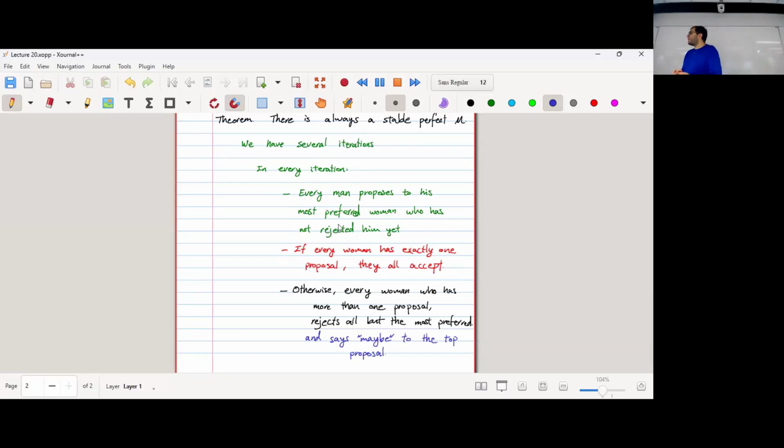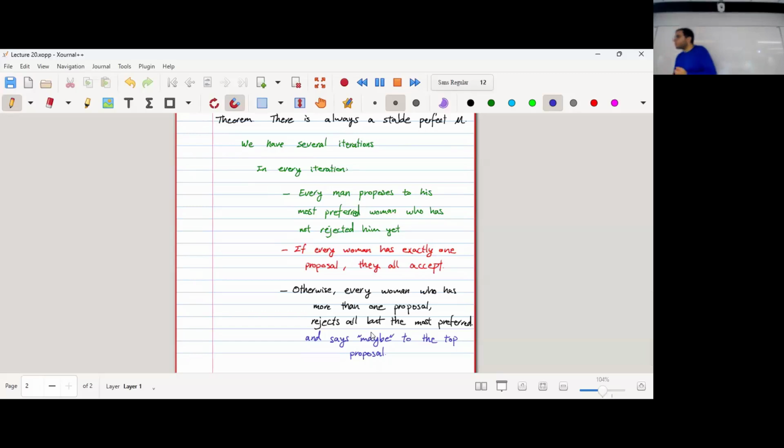that's what's decreasing here. So at every iteration, either I get to this point, in which case the algorithm terminates, they all accept, and I found the perfect matching. Or if I'm here, it means that at least one woman is rejecting one man, right? Which means that the total size of the lists of the men is decreasing. And this total size cannot be less than 0.